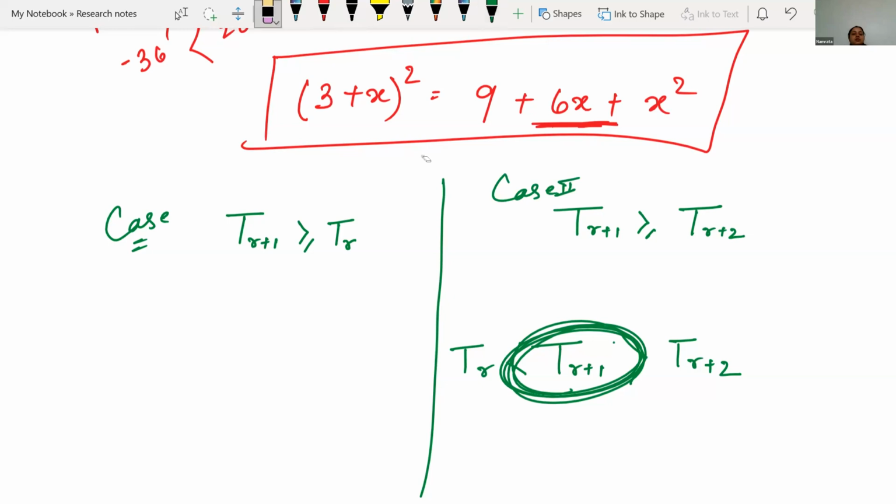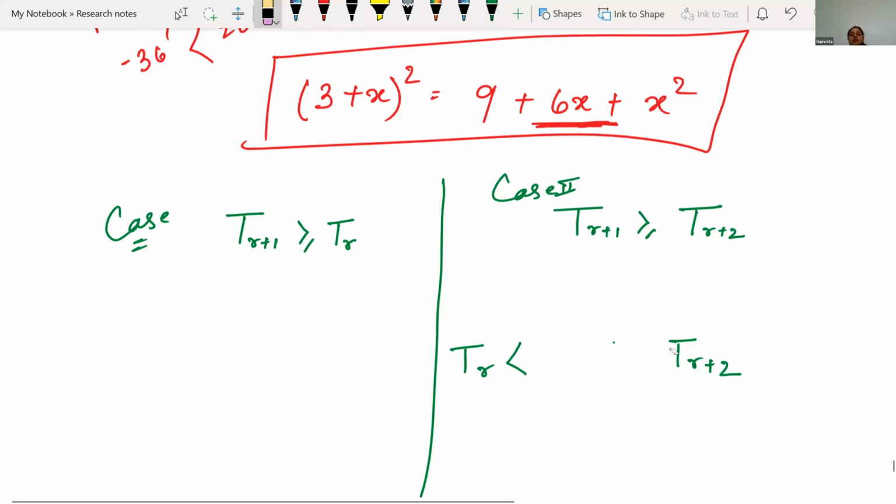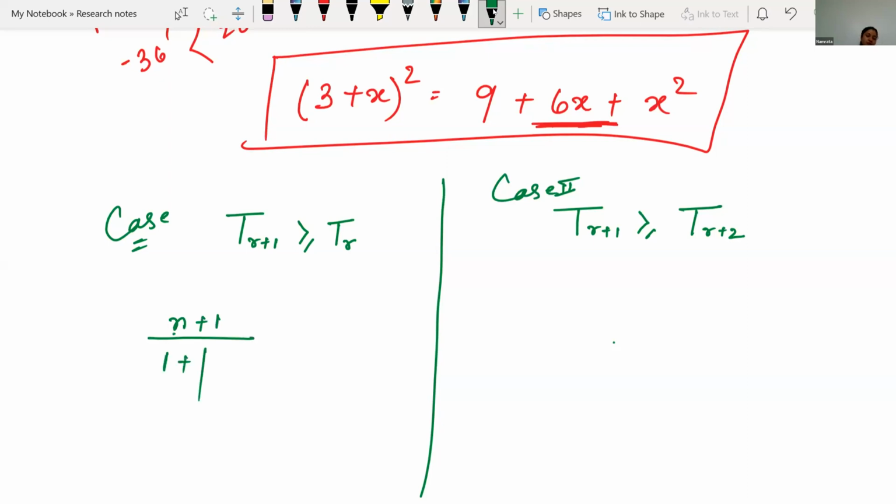Now from case 1 and case 2, there are a whole lot of deductions, so I am going to write the formula directly. Once you take the r plus 1th term and the rth term and solve this inequality, you will get that (n plus 1) by (1 plus mod of x by y) is greater than or equal to r.